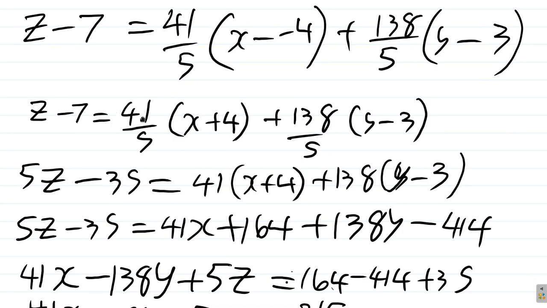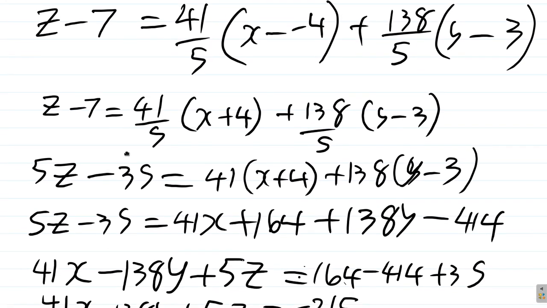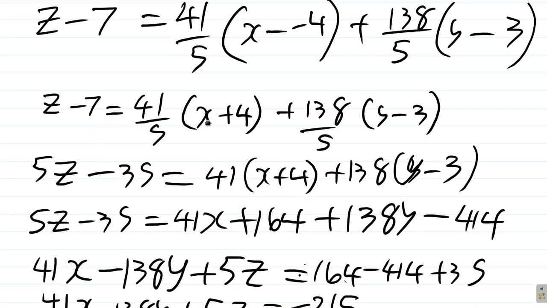So you can just simplify everything now. Just multiply everything by 5, and this is what you get.